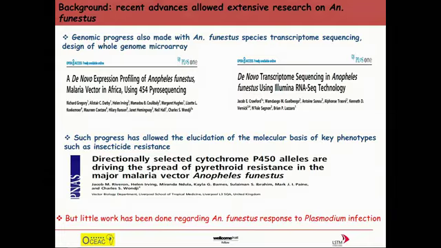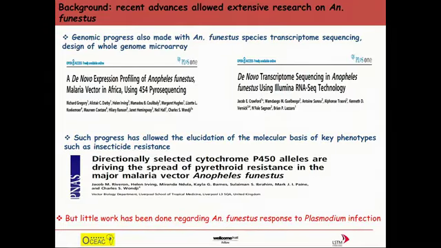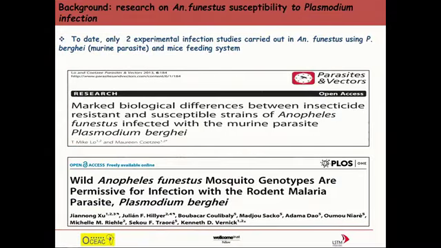But to date, little is known about the Anopheles funestus immune response against Plasmodium falciparum. The only two studies carried out to date have used the murine parasite and the mice feeding system.